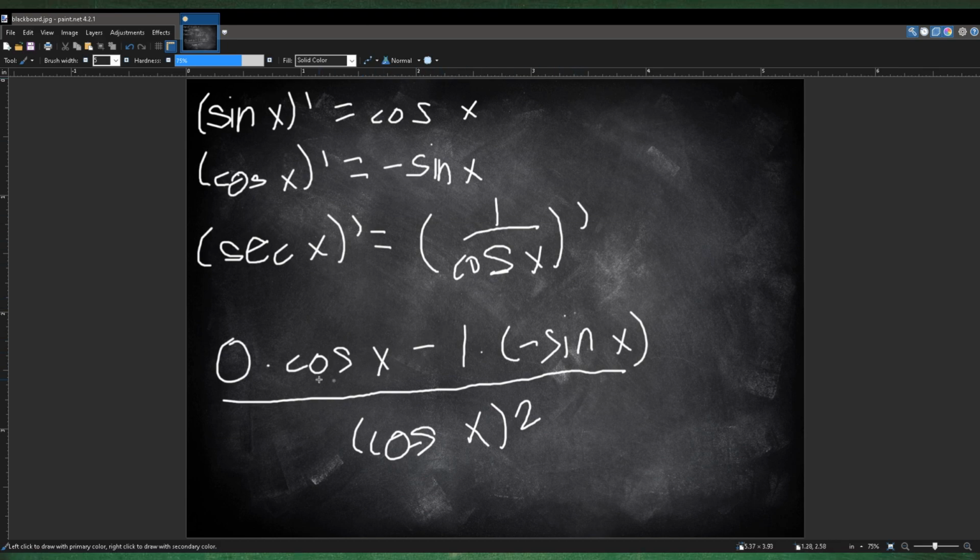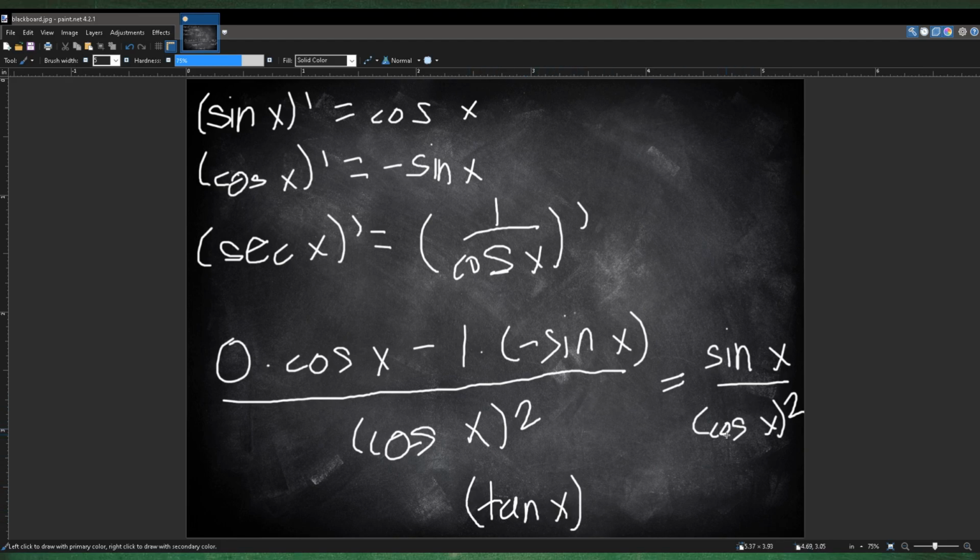So 0 times cosine of x is just 0. So all we have left is negative 1 times negative sine of x. A negative times a negative is positive. So we have sine of x all over cosine of x squared, right? And sine divided by one of the cosines is tangent.